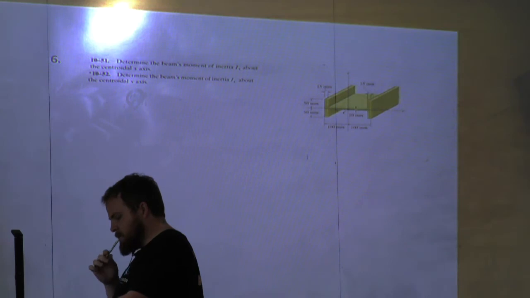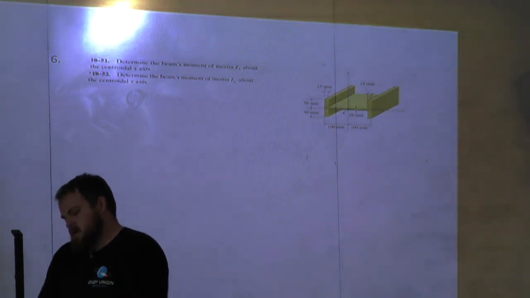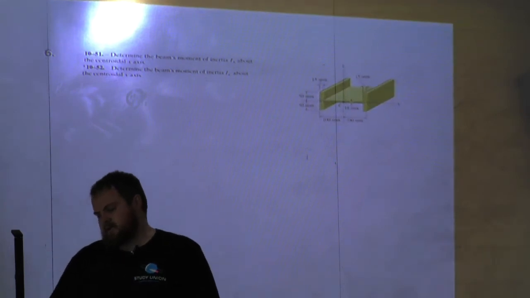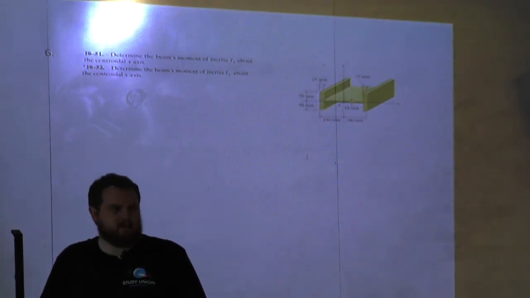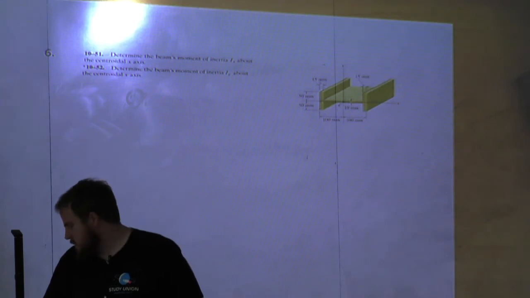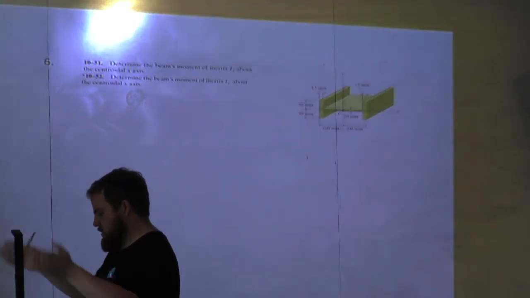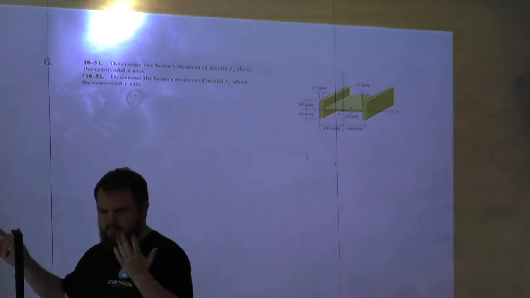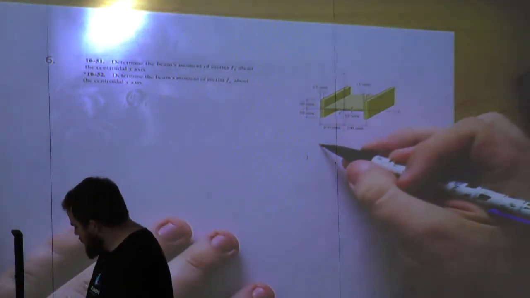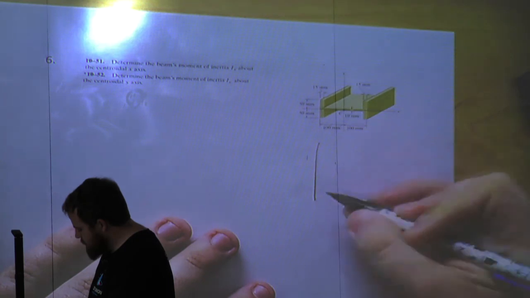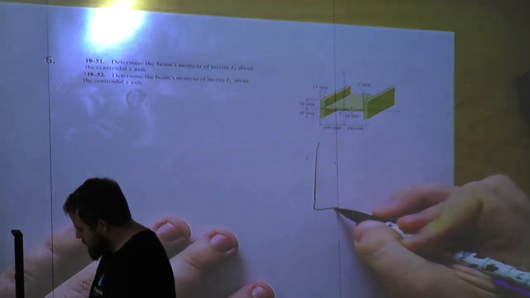So this one, we're supposed to find the beam's Ix about the x-axis and Iy about the y-axis, right? So I'm just going to draw a picture of the cross-section, because that's all we care about, nothing else.